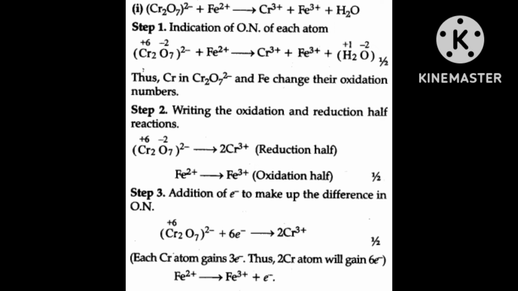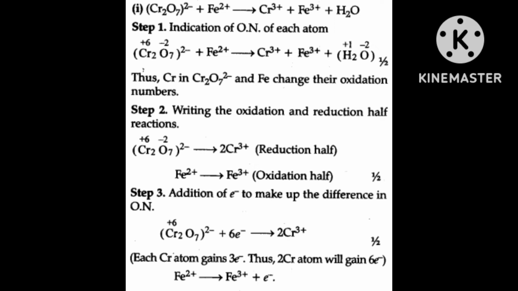Then 7H2O means 14 hydrogen came extra. Then on the left side 14 hydrogen you have written. Then both sides are balanced. Now the main things you have done: you have balanced chromium also, and you have balanced this oxygen also.